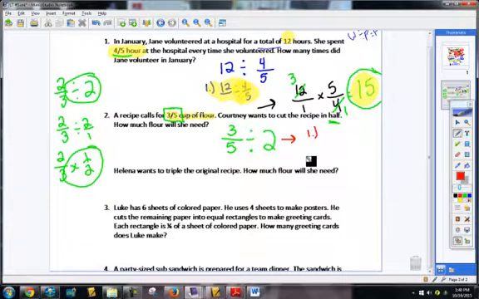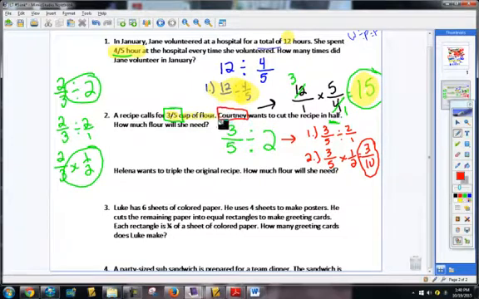First step would be to put them in fraction form, so that's going to be 3/5 divided by 2 over 1. Then step 2 would be the algorithm, 3/5 times 1/2. I look to cross simplify, there's nothing. I'm going to get 3/10. So that means that Courtney, since she's only making half of the recipe, will only need 3/10 of a cup of flour. She won't need the full 3/5.